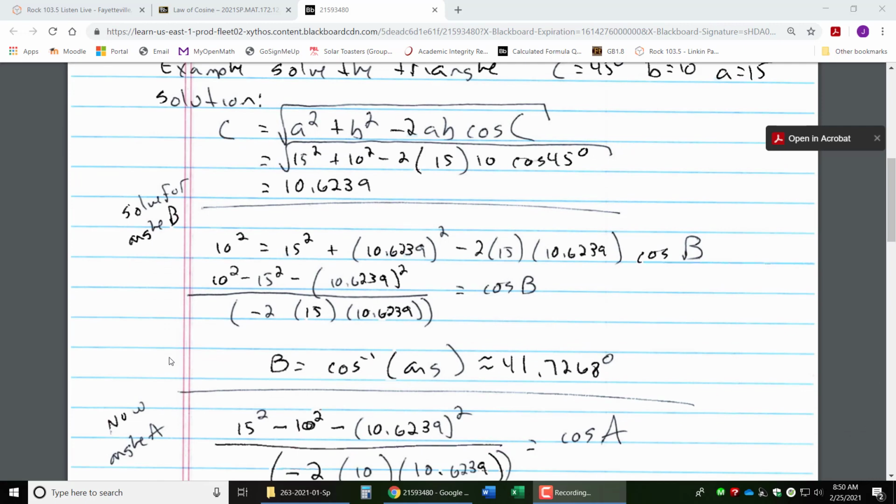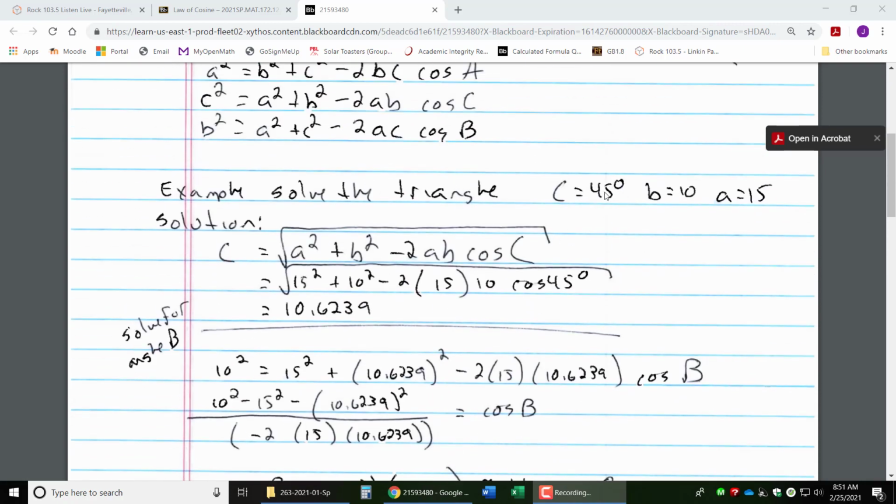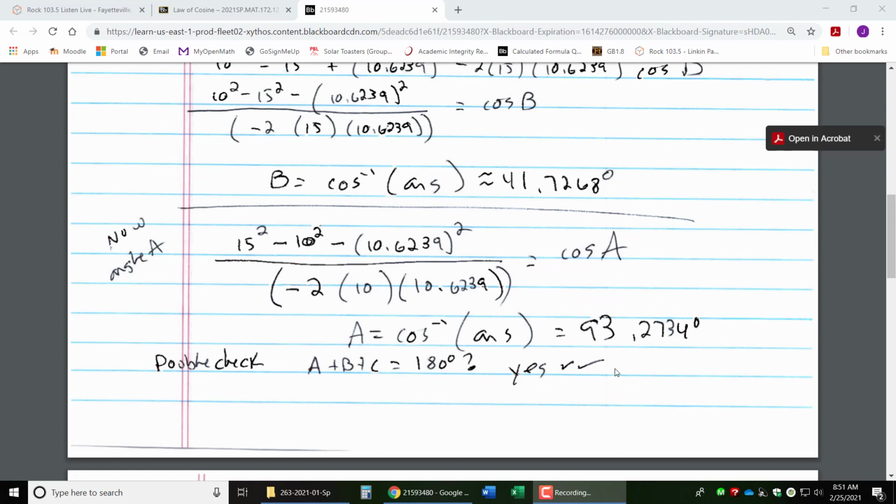This is a plug and chug is what I hear students say. You plug the numbers in, you type it in the calculator. There's no other way. So the third angle, I am not going to subtract from 180. I'm going to do it with the law of cosines. So I am solving this angle independent of the angle B that I had. And if there was a mistake somewhere, then the original 45 and the two angles aren't going to be 180.